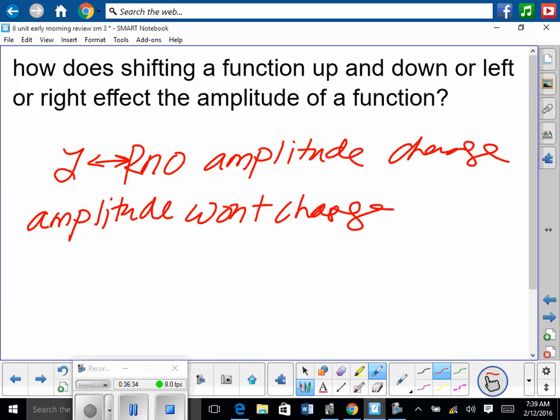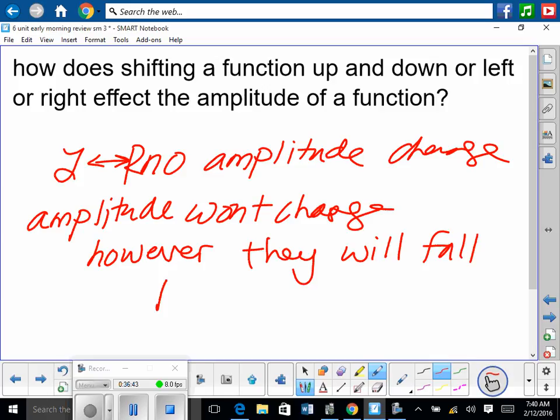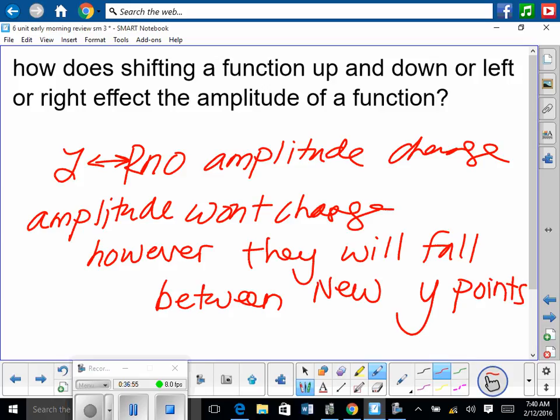However, they will fall between new y points, however you want to say it. Because if it was between -3 and 3 and you shifted up 1, it'll be between -2 and 4, right? Does that make sense?